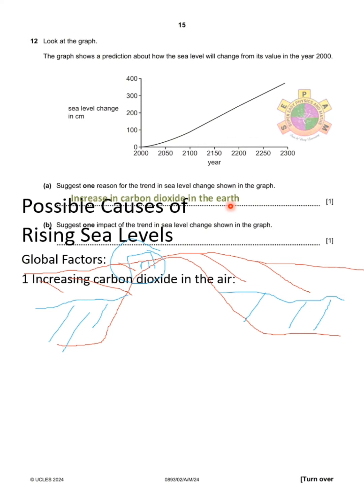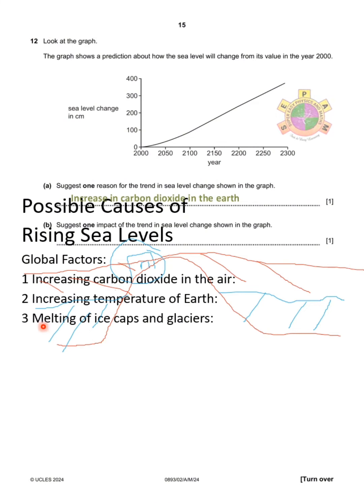It's just one of them that you need as the answer, but we just want to review causes of sea level rise. The other ones: you have increasing temperature of the earth, global warming. You have melting of ice caps and glaciers. Then you have sea ice melt.